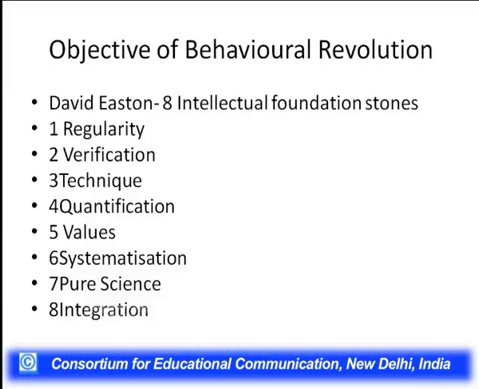And therefore, Easton's eight intellectual foundation stones become very important. What are those eight intellectual foundation stones of Easton? That is to be seen more closely. The first is regularity. What is this regularity of Easton? It says that when we do a study or research, we have to see the discernible uniformities in political behavior.